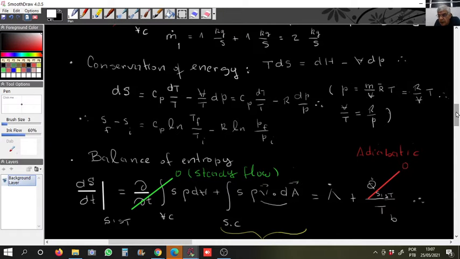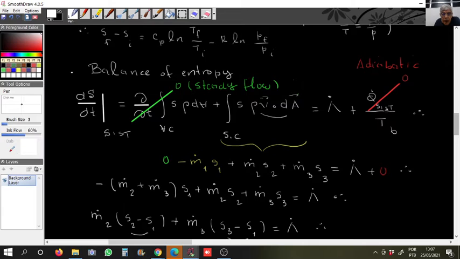Now, the balance of entropy. Attention now. The assumption is steady flow, so this is 0, and also adiabatic, so there is no heat exchange between the walls of the pipe and the surroundings. This is 0, by assumption.